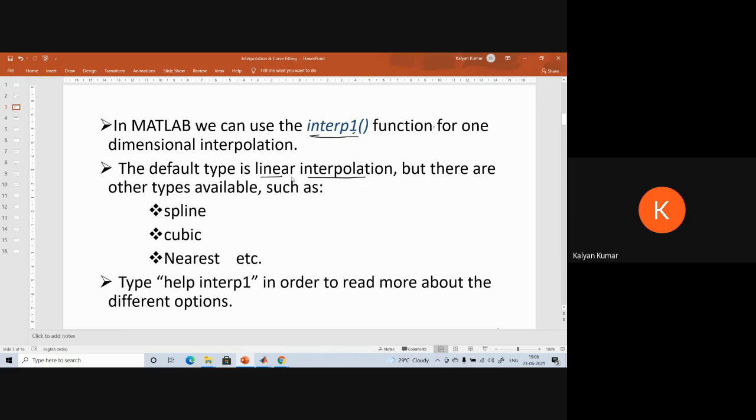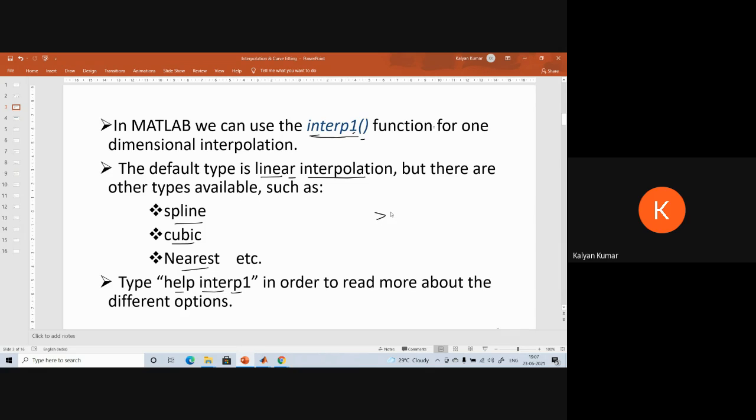But in addition to linear interpolation, there are some other types available in MATLAB: cubic interpolation, spline interpolation, nearest interpolation. If you want to know what data we have to give as input, what output we are going to get, and how it computes, then we can use the command help interp1 in the command window.